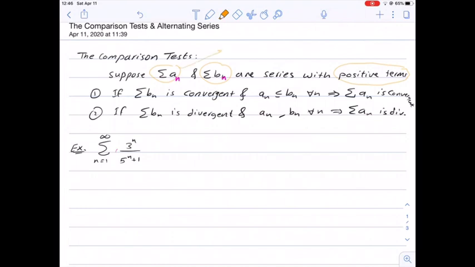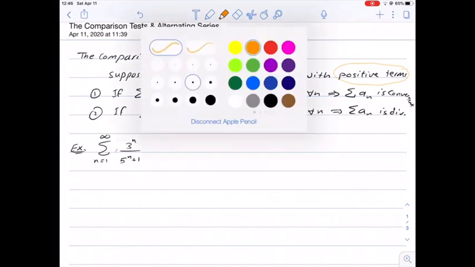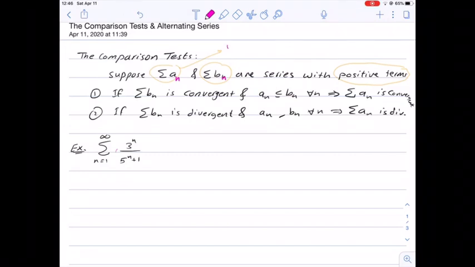We are given this series to be tested, and we find the series B sub n, and then we compare the two series, and the terms of these series should be positive terms.